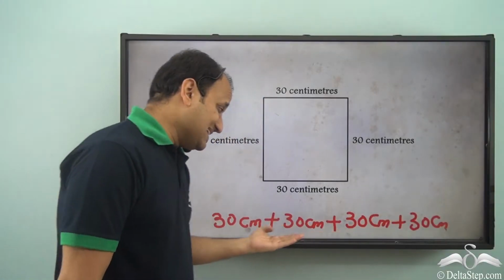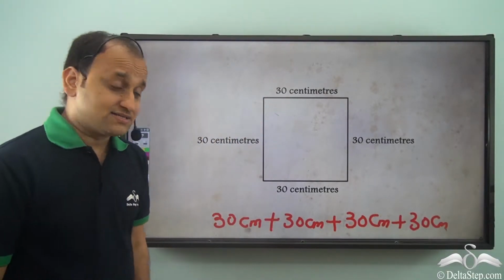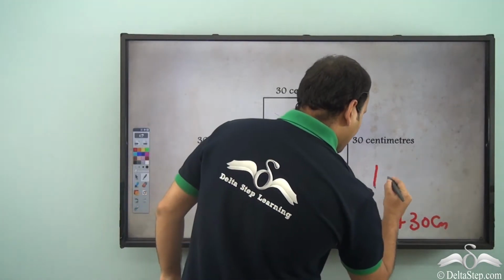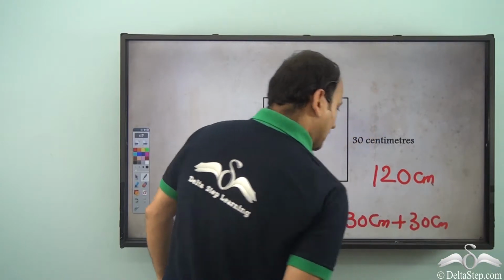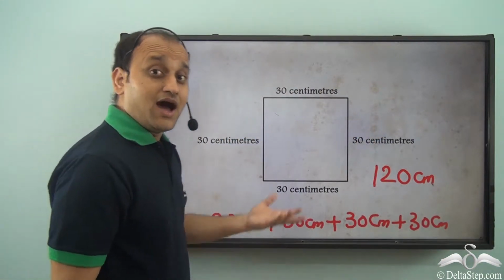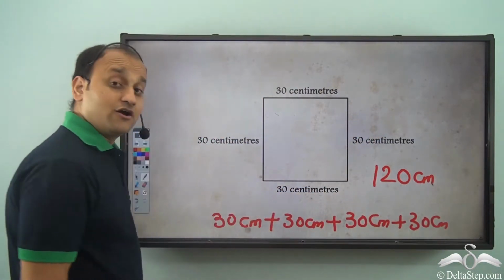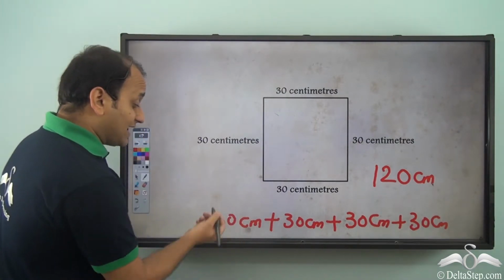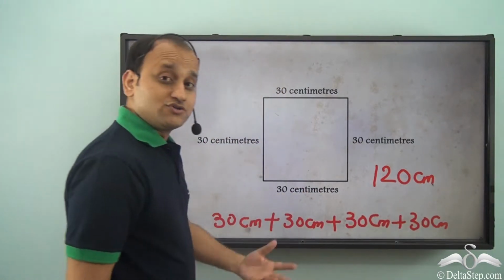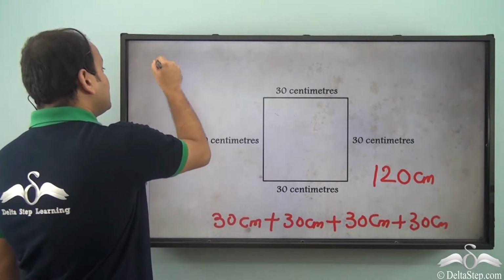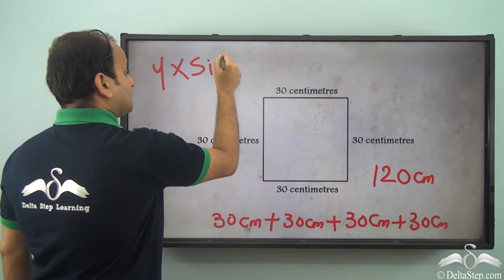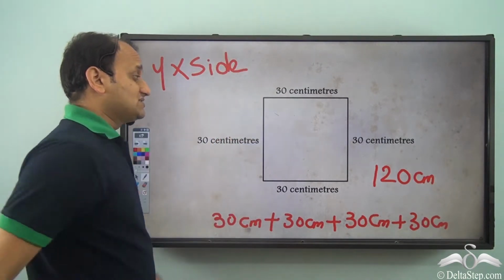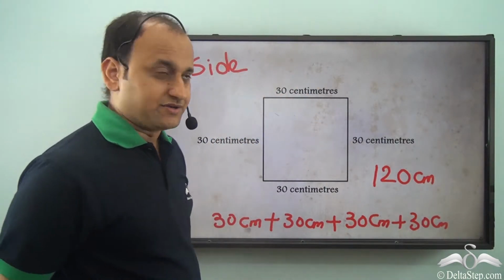So in this case the perimeter is 120 centimeters. Now we can calculate this in another way, that is 4 into side, because we are adding side 4 times. So we can also write it as 4 into side. And what is the side here? 30 centimeters, isn't it?